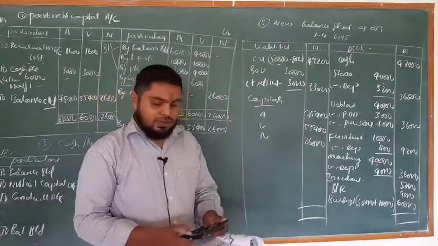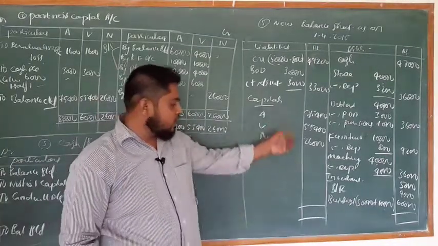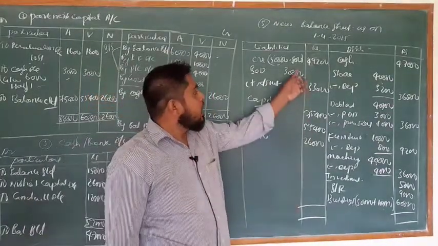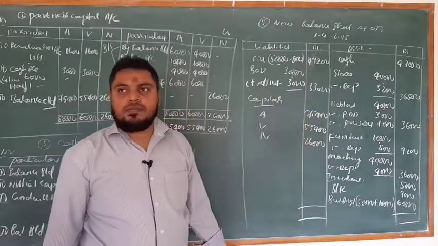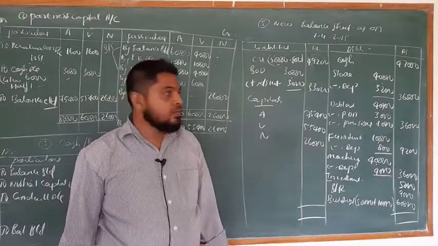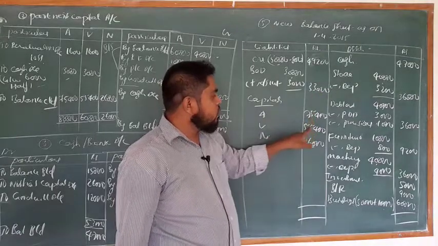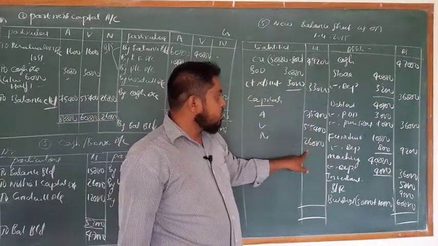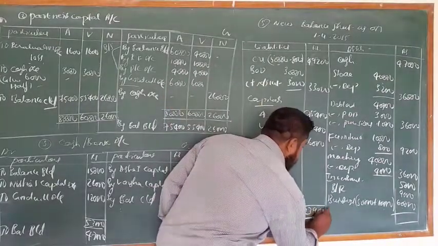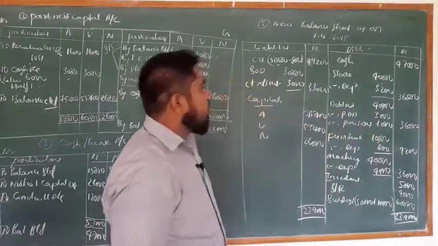Now the final balance, just make it total, liabilities and assets: 49,200, 33,000, 75,400, 55,400, 26,000, total 2,39,000.